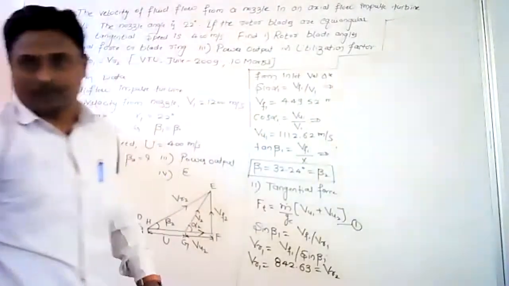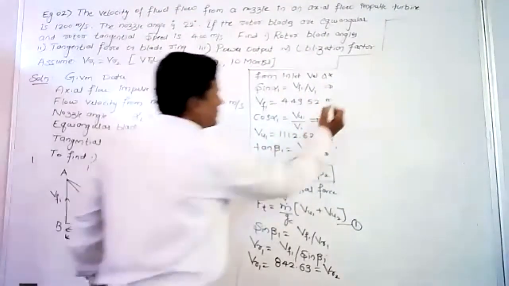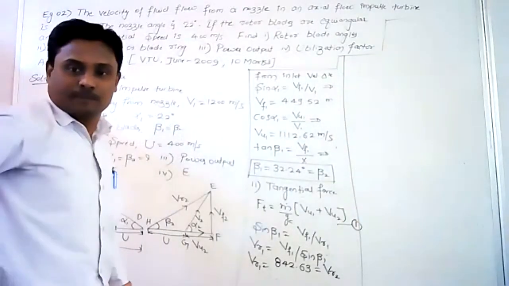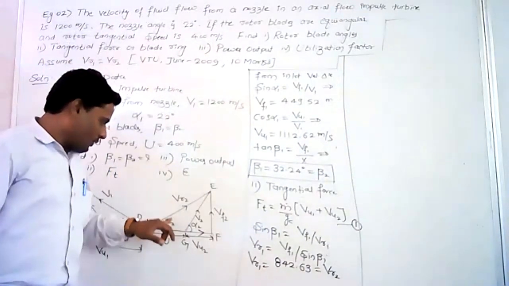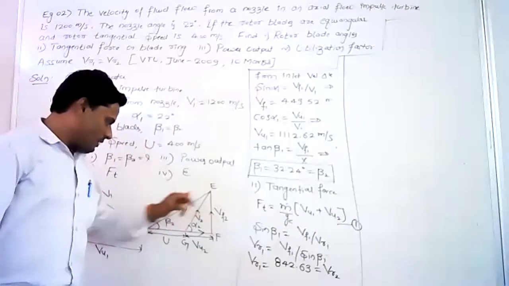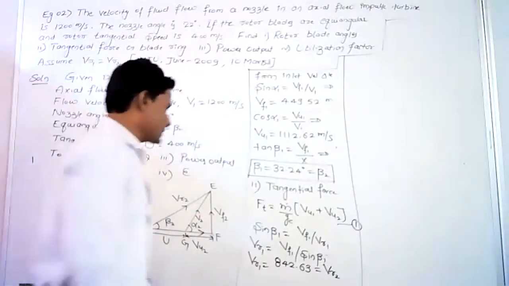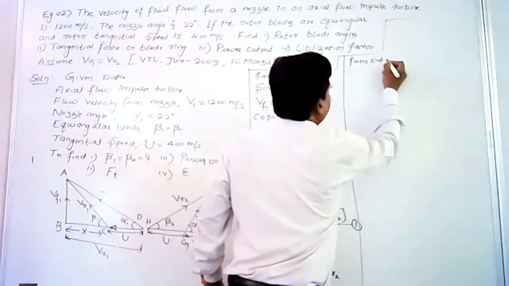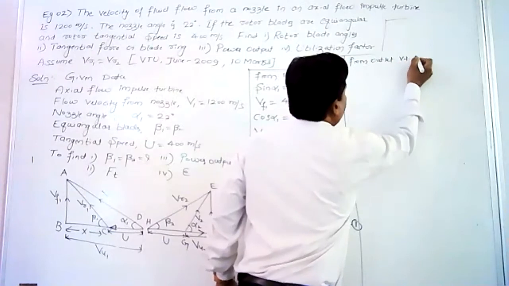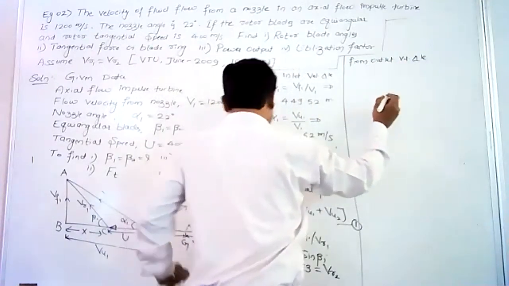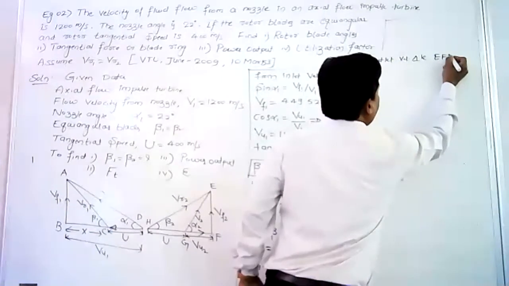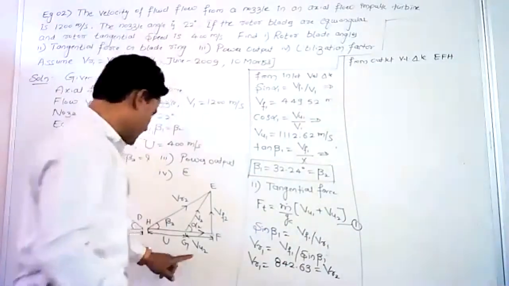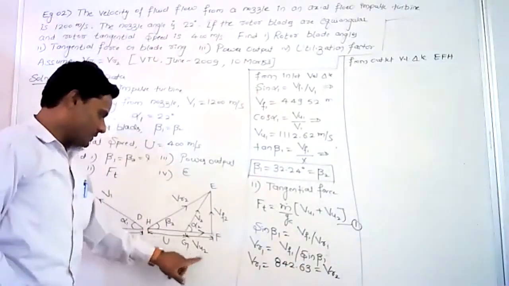Let's proceed to the next step. Once you get the value of VR2, you know the value of beta 2. So from the outlet velocity triangle, that is EFH, you can get the value of VU2.